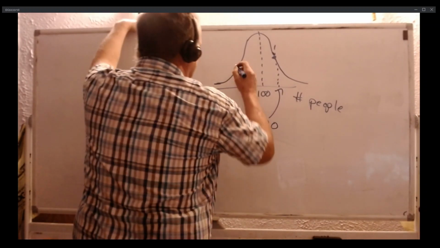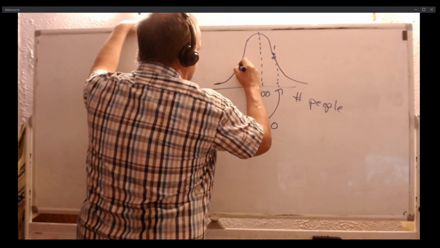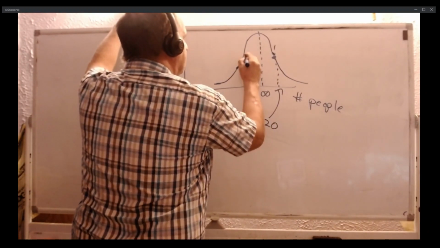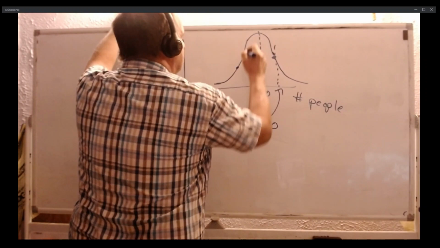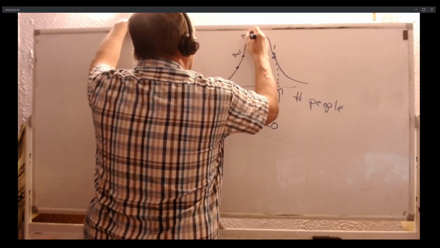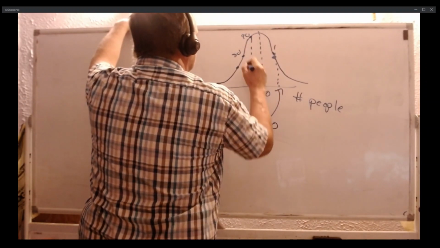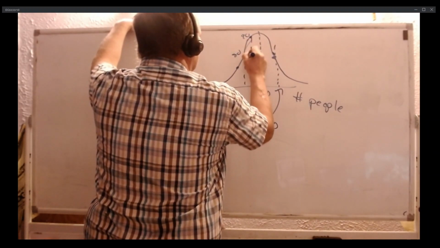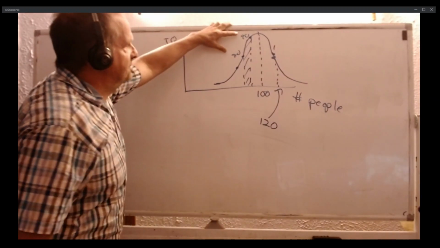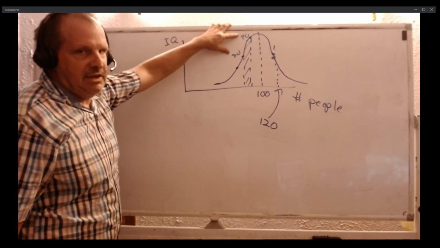Like if we were interested in, say, between 80 and 90, what we would do is integrate this area. And that would be the probability that a randomly selected person has an IQ between 80 and 90.